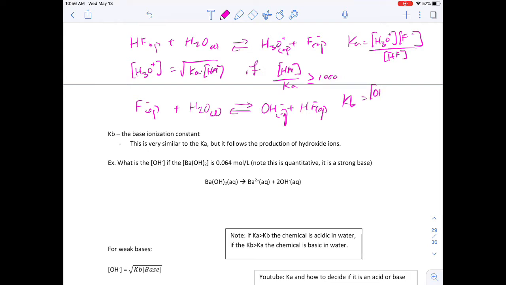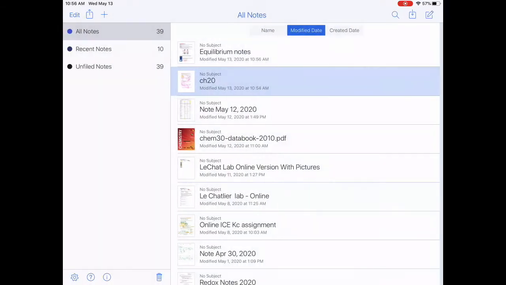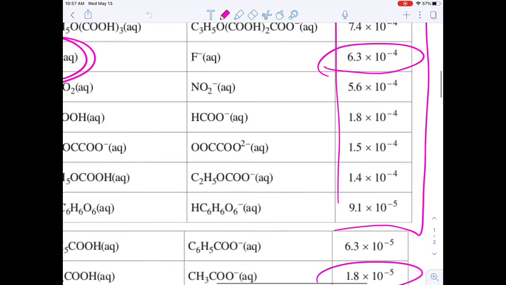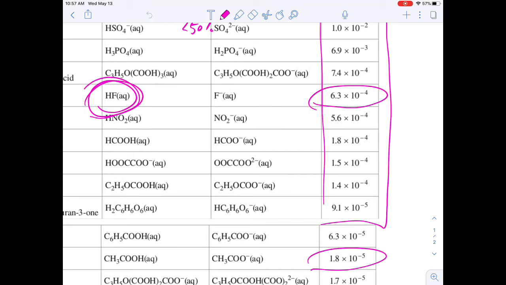So the hydroxide ion concentration times the hydrogen fluoride concentration divided by the fluoride ion concentration is our Kb value. Now, the Kb value is not listed in the data booklet. So if we look at our data booklet and we look at hydrogen fluoride, the Ka is for this value.